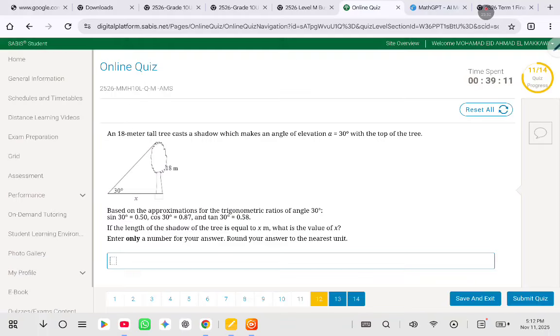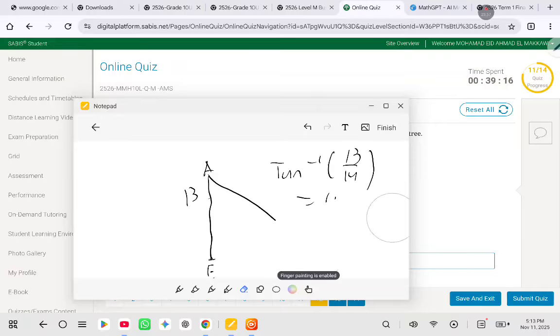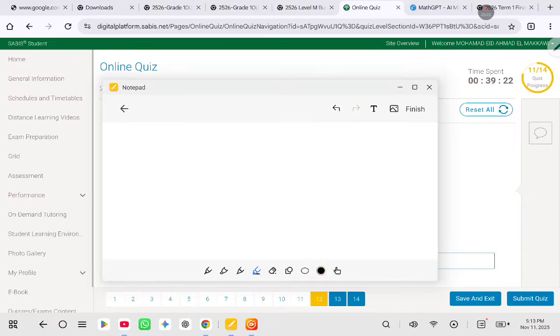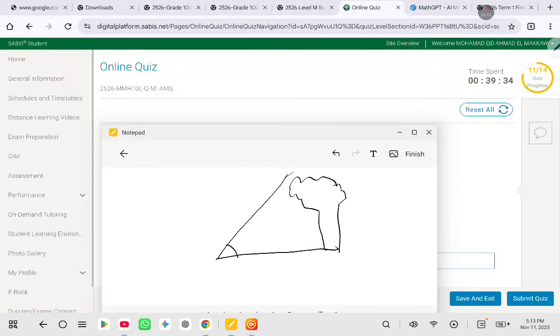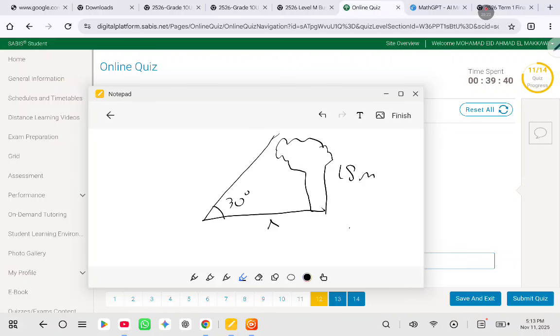Question 12. Guys, we did this question in the last one. Let me just erase this quickly. This is 18 meters. They're asking for x.